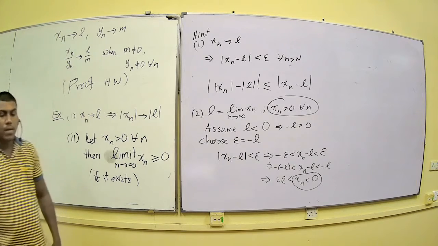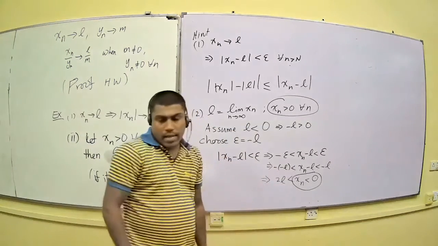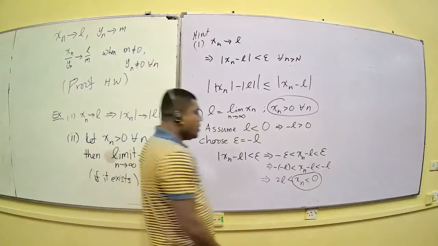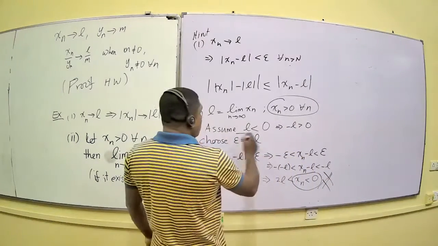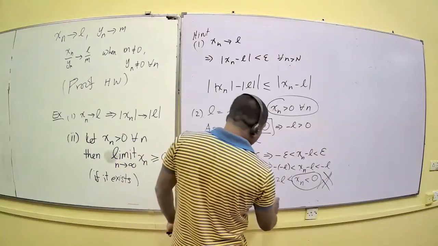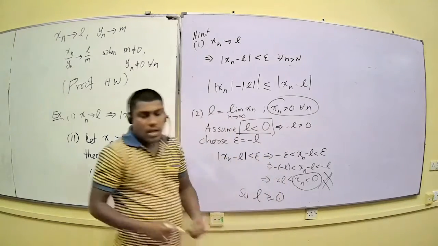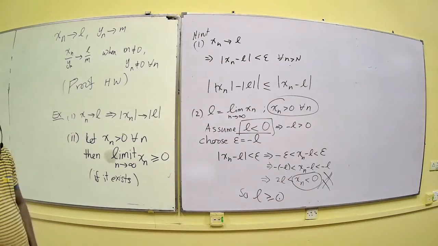Both of them are not possible; this and this cannot happen at the same time. So here you get a contradiction. So this one is wrong, so it is bigger or equal to 0. That is how we prove the second part.